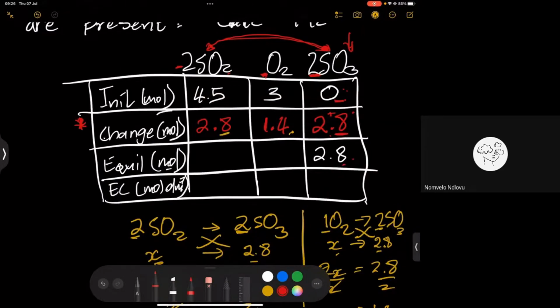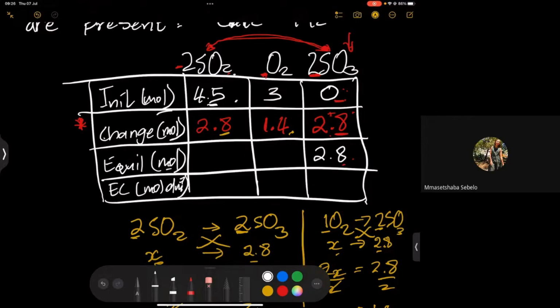Okay, are we okay, ladies and gents? Yes, sir. All right. Now, let's get to the part where we deal with equilibrium. And this is the part I wanted to explain and answer what you were asking. Because sulfur dioxide is a reactant, I started with 4.5. And remember, with the reactants, I use reactants, right?